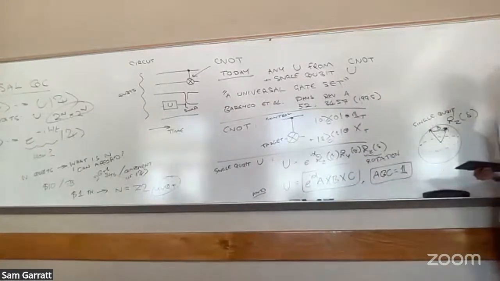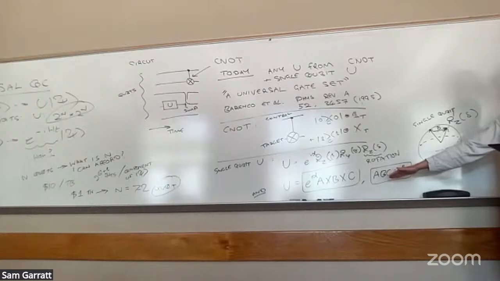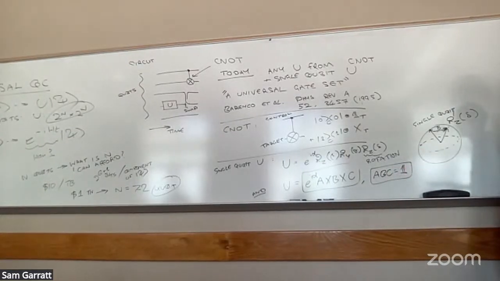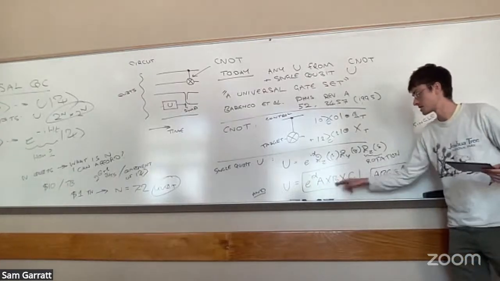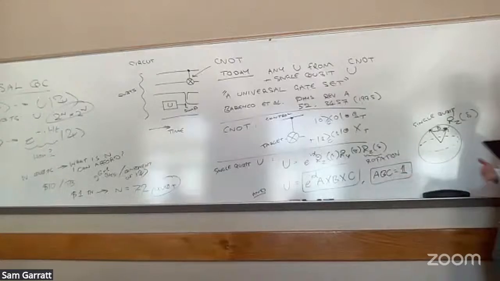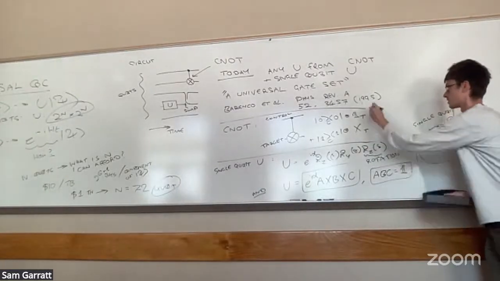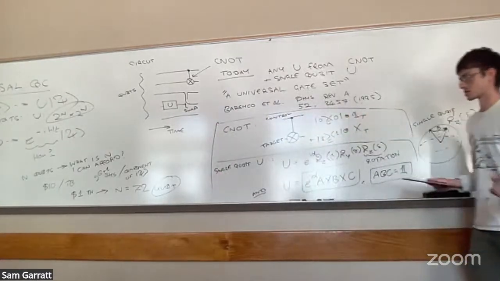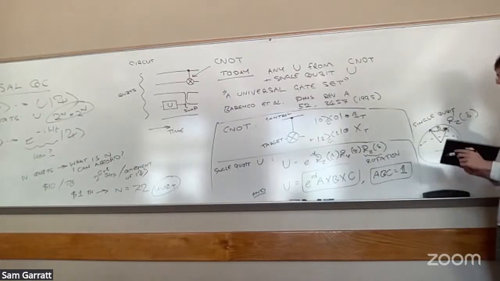This is just another decomposition of unitaries that's going to be really useful for us when we start building more complicated operations. A, B, and C are just generic unitaries, constrained to satisfy this condition here. What we're going to see is that using these two, we can very quickly and iteratively construct extremely complicated unitary operations.